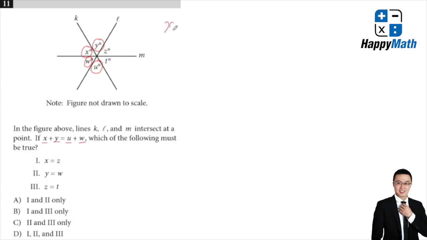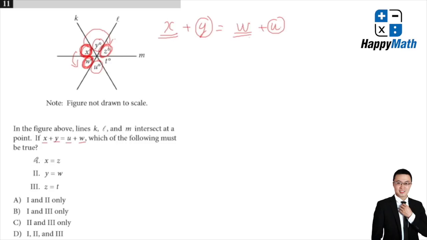Because x plus y equals u plus w, this equals this, that's why this has to be equal to this, so x will be equal to w. I make a bold circle here to show that x equals w. So x equals z, the first one. You get that w equals z because of the vertical opposite angles.